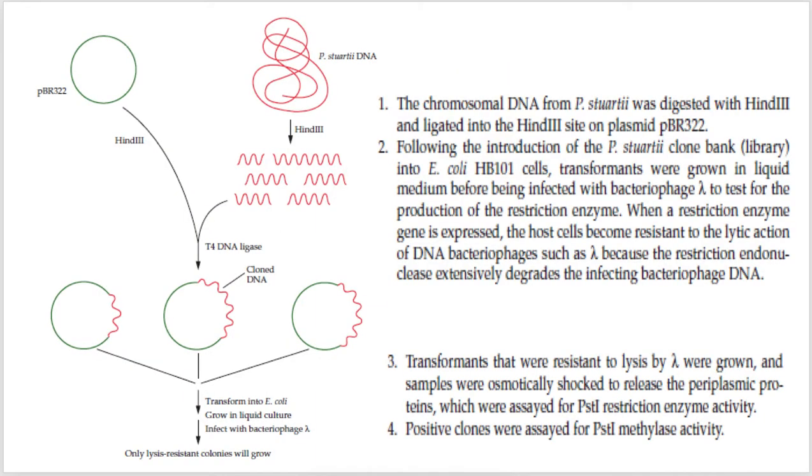As I already said, different restriction enzymes are produced by different microorganisms, and if we want to use those microorganisms to produce restriction enzymes, we have to develop a detailed fermentation protocol for each of those organisms. So in that case it will be tedious. How can we avoid this tedious work?